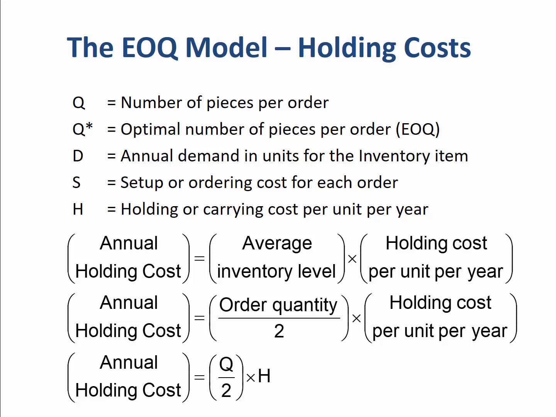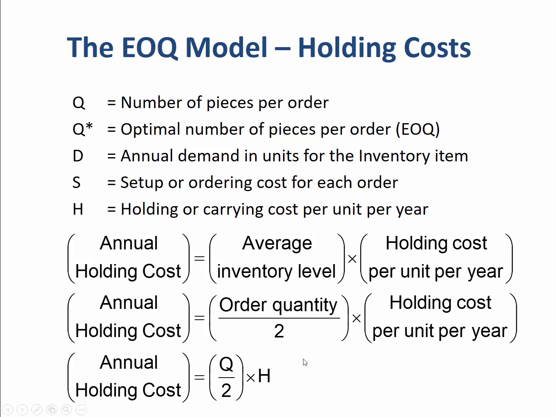If you remember in my picture, I mentioned that the average level of inventory is the quantity divided by 2. That's where we're using it, because the annual holding cost is the average inventory level multiplied by the cost of holding that item, the cost per unit. So annual holding cost is Q divided by 2 multiplied by H, which is the cost of holding those items.